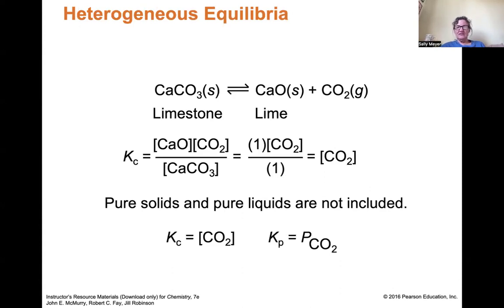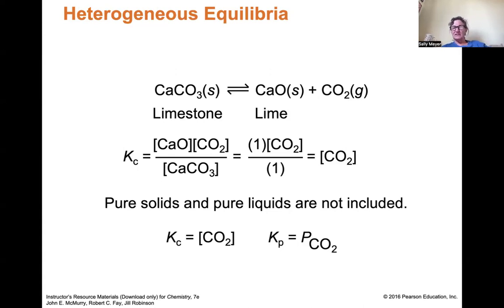If we have a reaction that has solids or liquids in it, the only things that are going to go in the equilibrium constant are the gases. In this case, the concentration of calcium carbonate, limestone, if it's a solid chunk of it, is really just its density. And so its concentration doesn't change as the reaction takes place. Same thing is true for the calcium oxide.